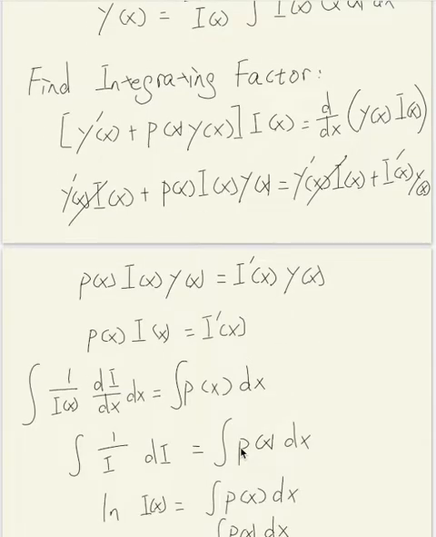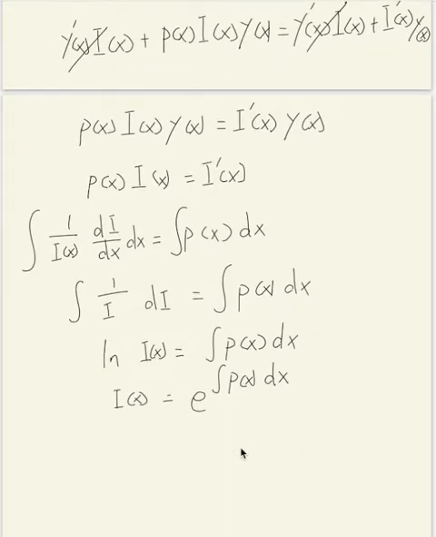I forgot to mention this is actually not entirely correct. Technically, when you integrate 1 over I, you're supposed to get ln of absolute value of I of x, right? Then you do the same thing, exponentiate both sides, and you get absolute value of I of x equals this, and then I of x equals plus or minus e to the integral p of x dx.